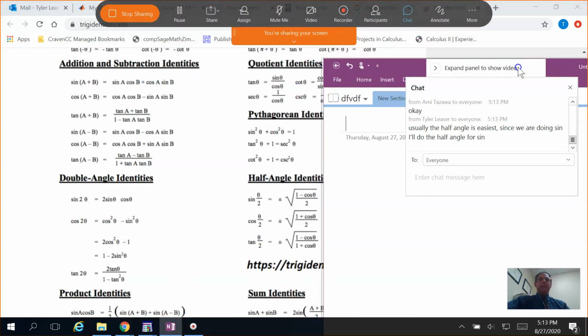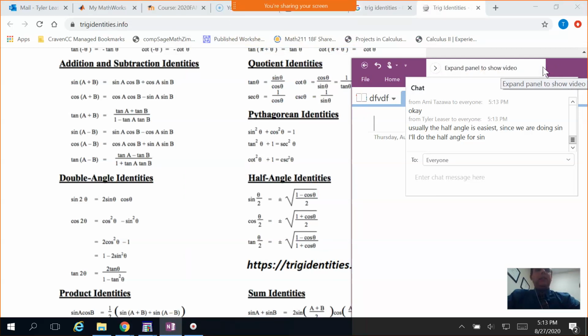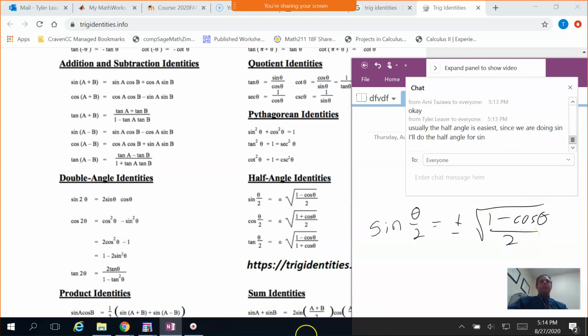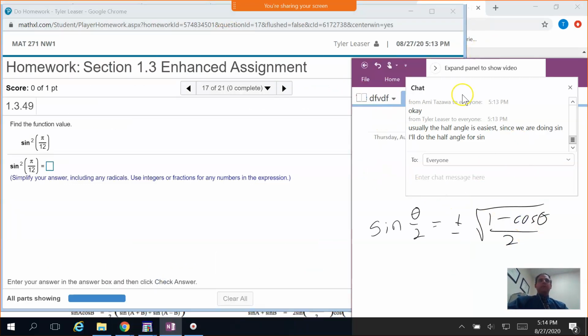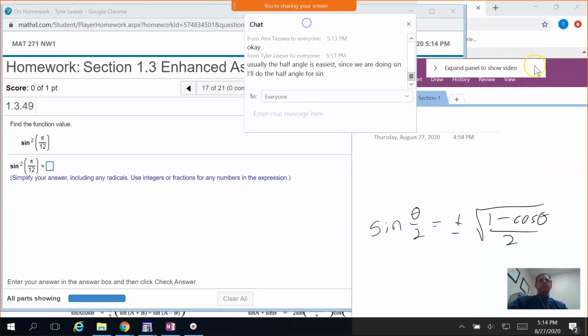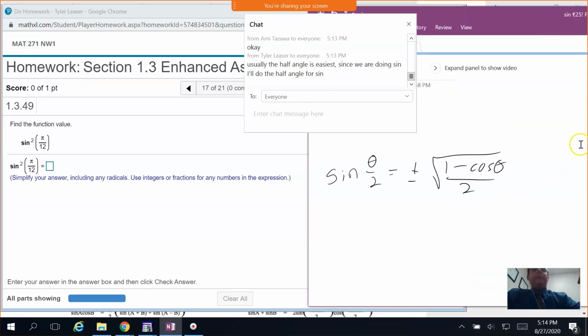So in my little thing here, get my pen, we're going to do sine of theta over 2 is plus or minus the square root of 1 minus cosine theta, all divided by 2. Theta over 2 is equal to pi over 12, which gives that theta has to be pi over 6.